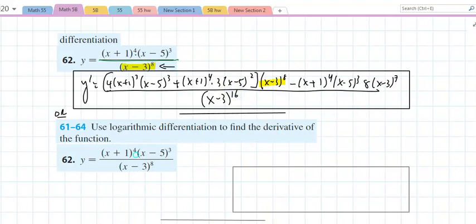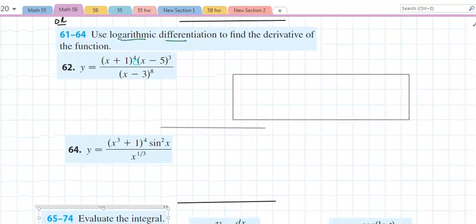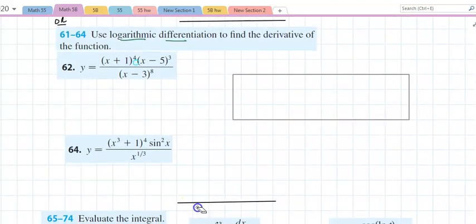But if you look at the directions, even if they didn't ask us on the directions, I could add logs. Logs are going to make life a lot easier on those two problems. Let me demonstrate really quick.